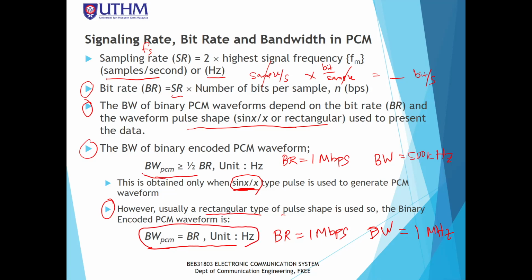While the above here is what we call the minimum bandwidth for the PCM. So normally when we ask how much is the bandwidth, we are actually referring to this one. Okay, but if the question asks how much is the minimum bandwidth, it is actually half of the bit rate.